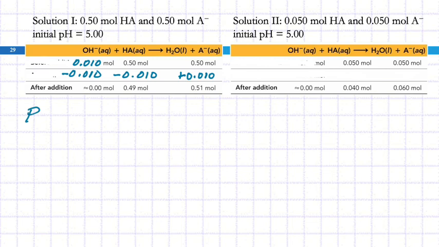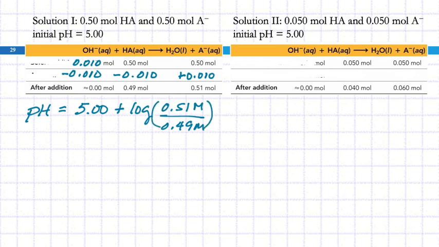So again, Henderson-Hasselbalch equation, the pH is equal to 5.0 plus the log of the base concentration. So here that's 0.51 molar. Remember, these are in moles, but we are talking about 1 liter of solution. And then this is 0.49 molar. So 5 plus the log of 0.51 divided by 0.49.